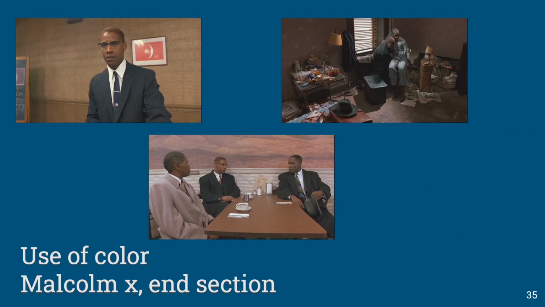And then as he, I don't want to say reinvents himself, but has this rebirth of faith and becomes Malcolm X, we see more earth tones, more warm colors that kind of carry throughout the film. So it sort of separates the film into their own tone, their own mood, their own environment. And it's communicated to us through our understanding of color.